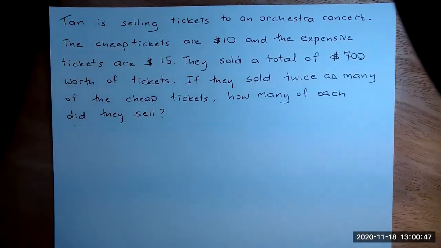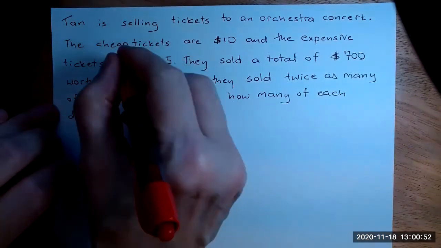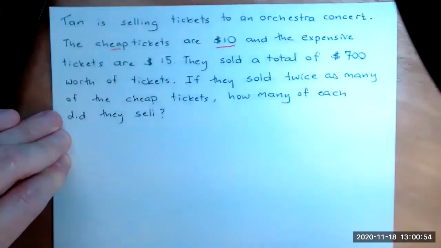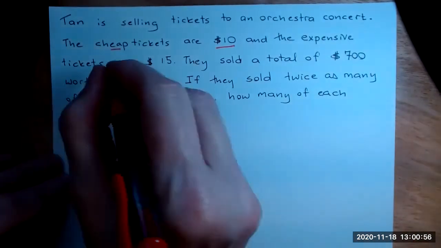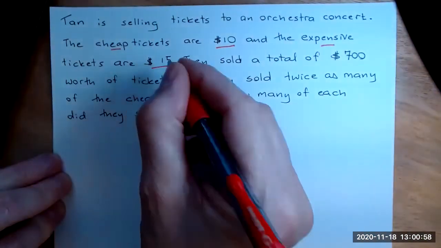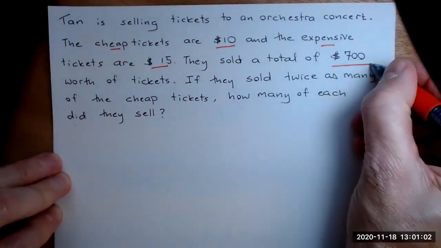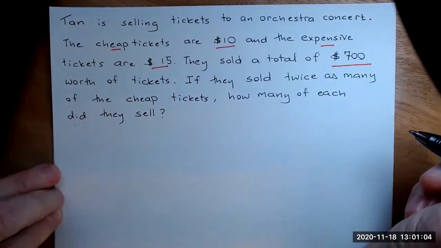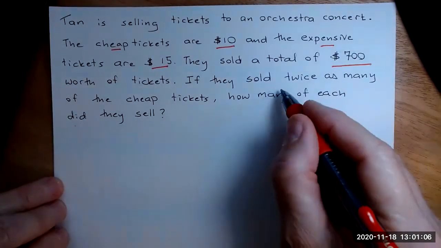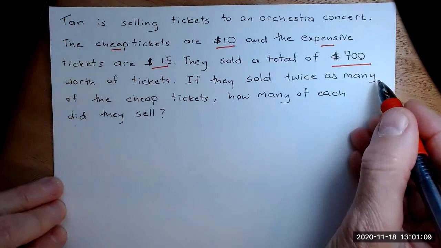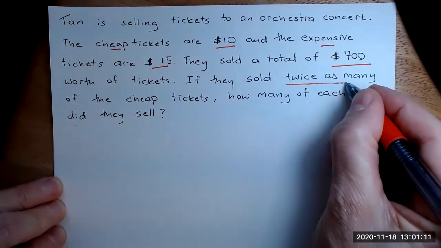All right, Tan is selling tickets to an orchestra concert. The cheap tickets are $10 and the expensive tickets are $15. They sold a total of $700 worth of tickets, and they sold twice as many of the cheap tickets.